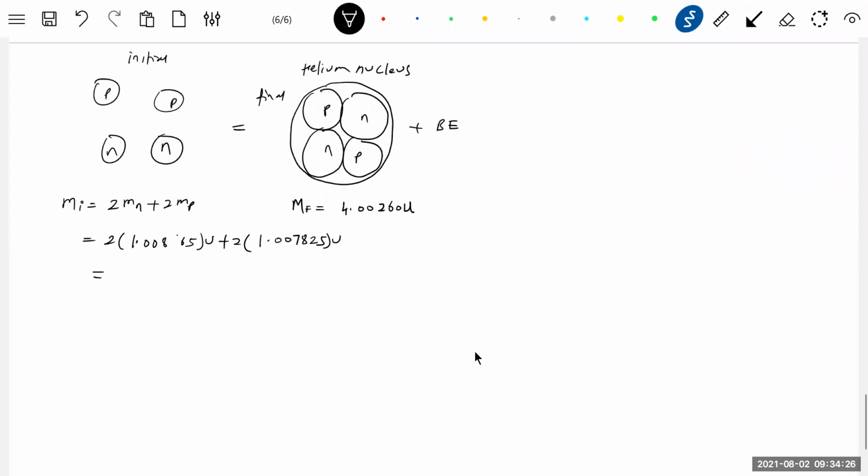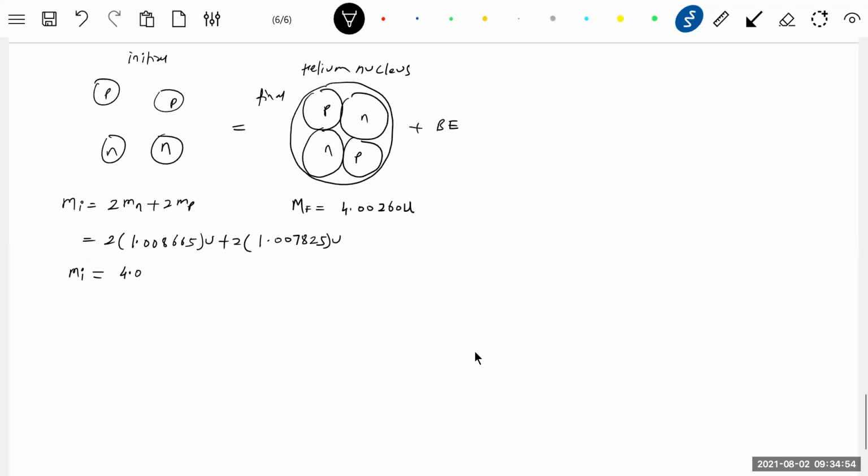I think somebody should give me the value. Initial mass. Anybody, value of the initial mass?